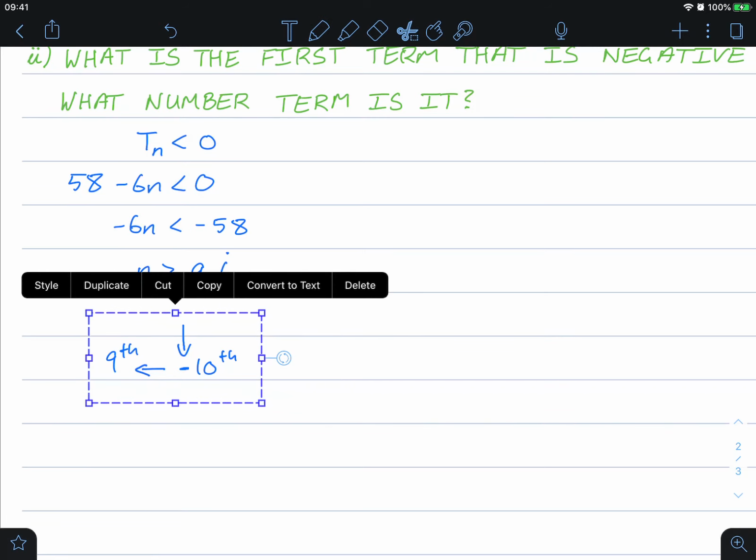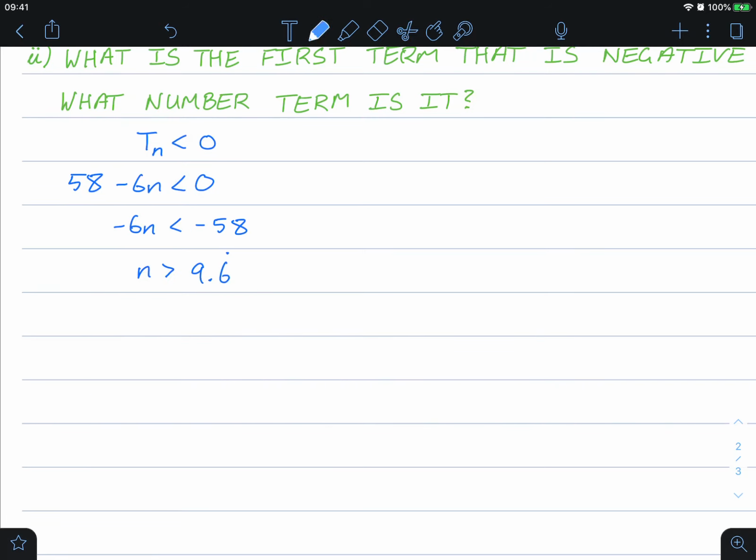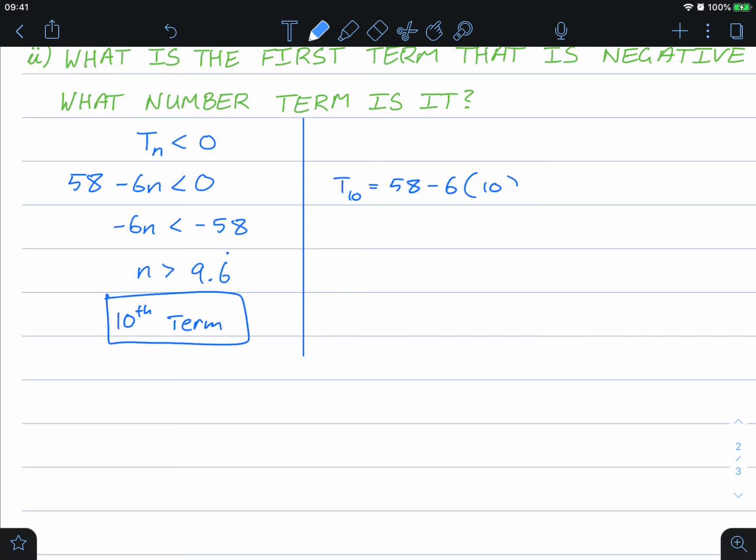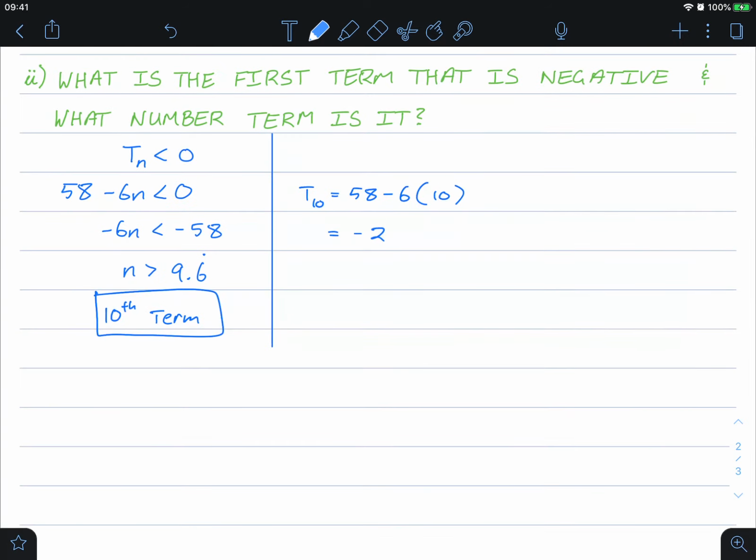So in this case, we must round up. So we say the 10th term is the first one that's negative. And to figure out what that term is, we just say T of 10 is equal to 58 minus 6 times 10. And this one I can do in my head, that's negative 2.